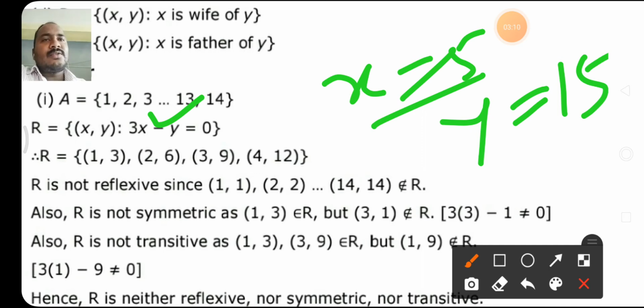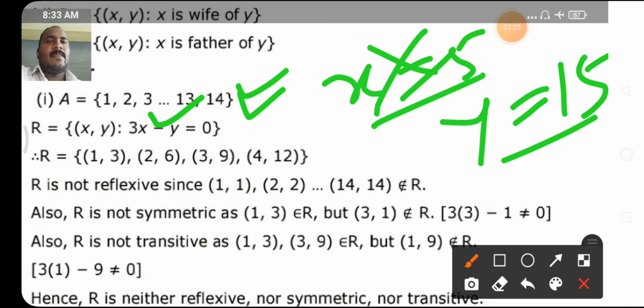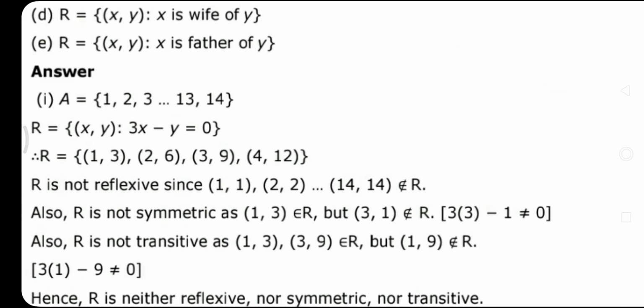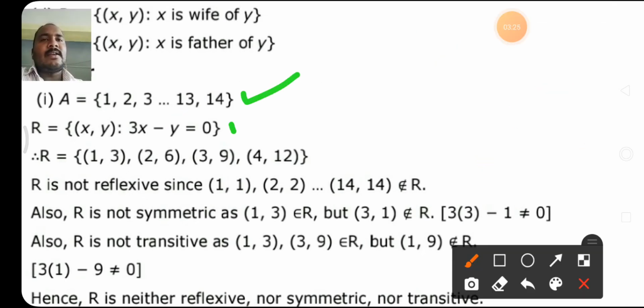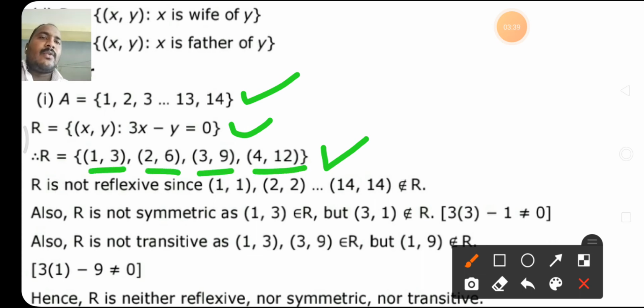Here x belongs to the given set A, but y = 15 does not lie in set A. Because of this, we can't consider x = 5. Therefore, by using the given set A and the relation R, the relation R is defined like this: (1, 3), (2, 6), (3, 9), (4, 12).